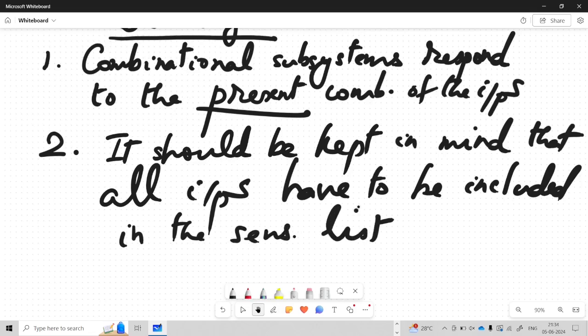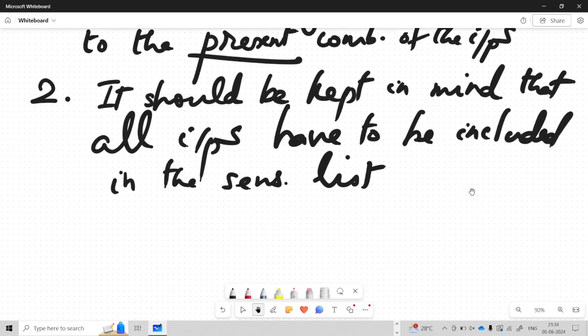The reason has got more to do with simulation. If the sensitivity list is not completely filled with the inputs, then there is a chance that the simulation results will be inconsistent, because almost all simulators are event driven simulators, and they use the sensitivity list to determine the events in the various inputs.